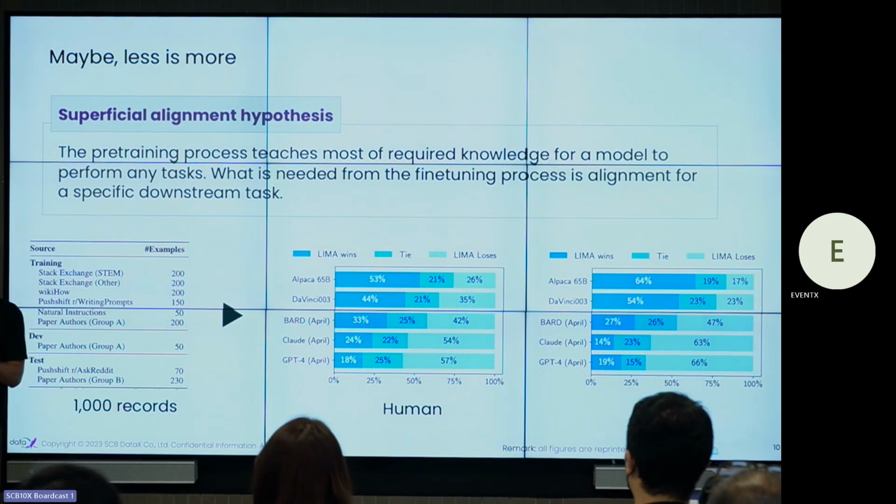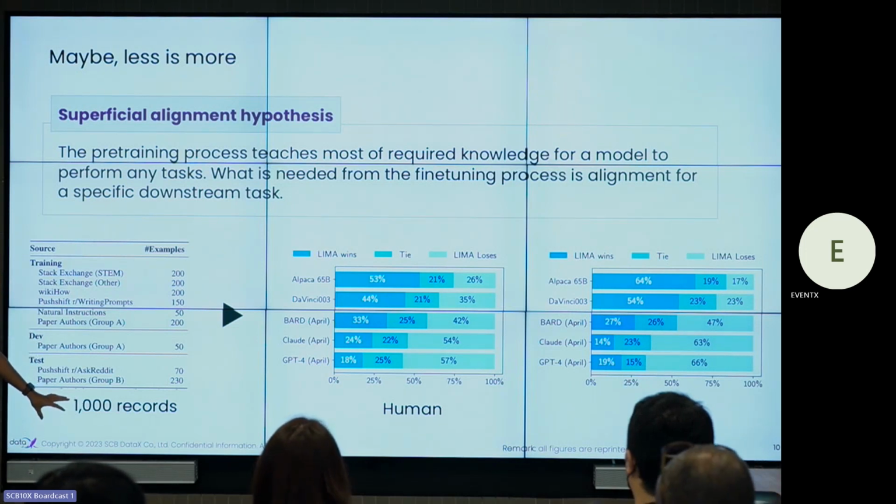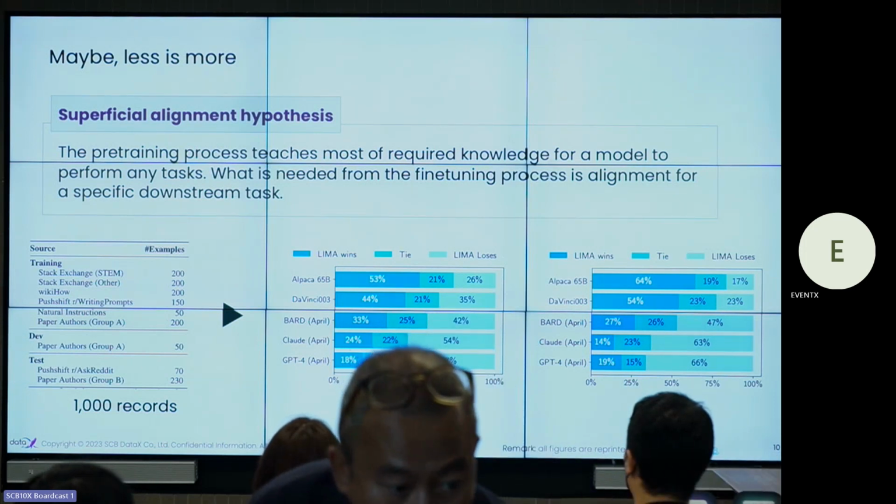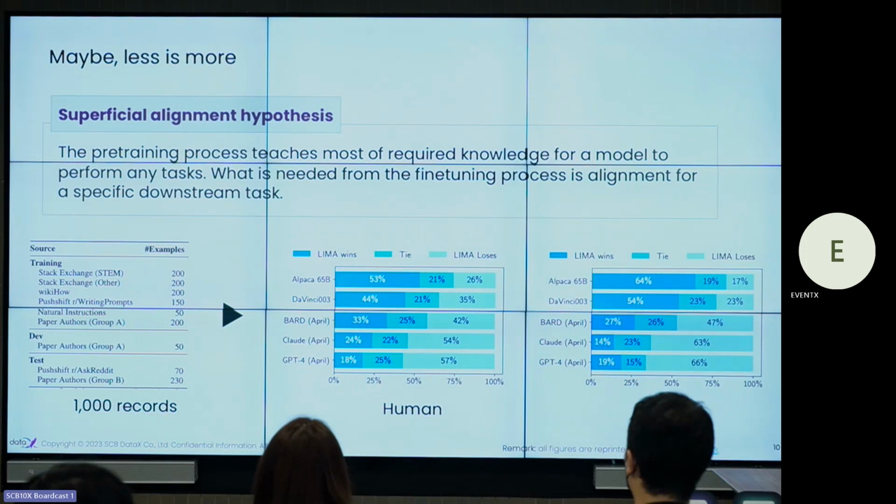The point that we would like to make again is that these 1,000 records were manually curated with their bare eyes. So this manual process cannot be scaled out somehow.